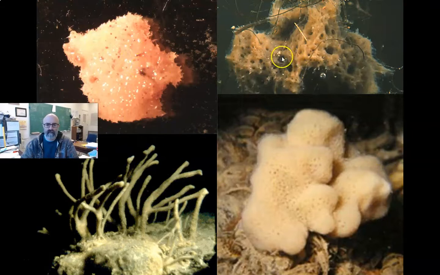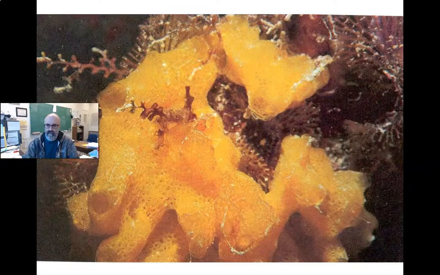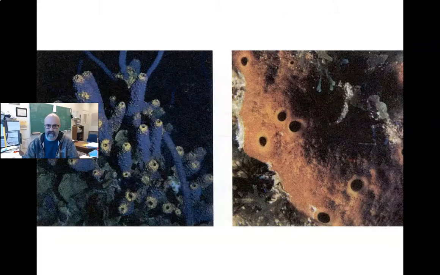The color usually comes from the algae that lives in the sponge. Porifera, think of pores. See all these little holes and openings in them. That's kind of what defines a sponge's body, those pores.